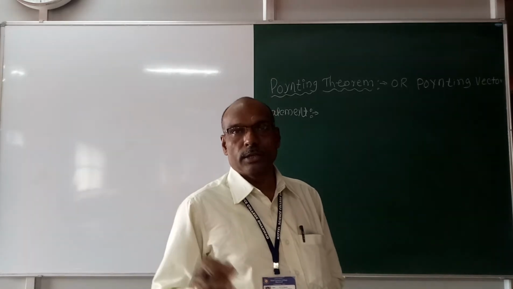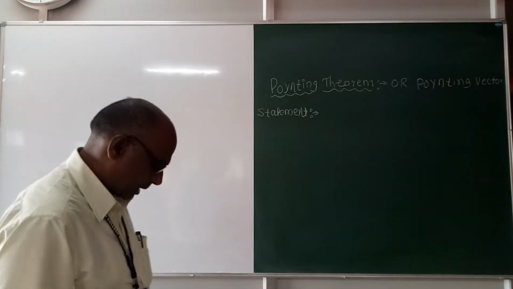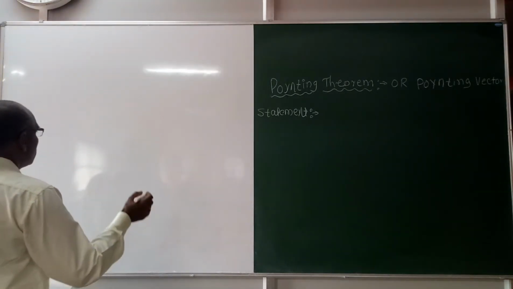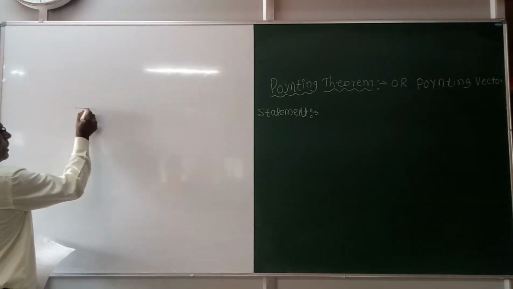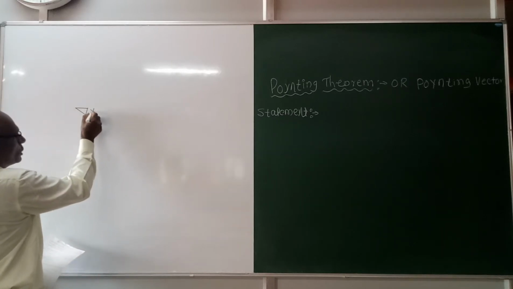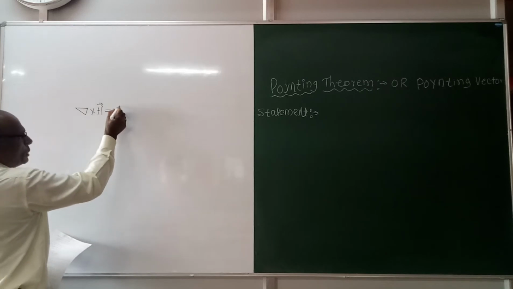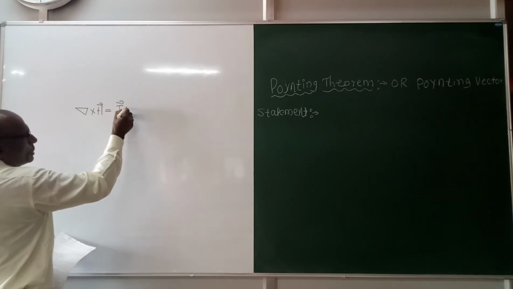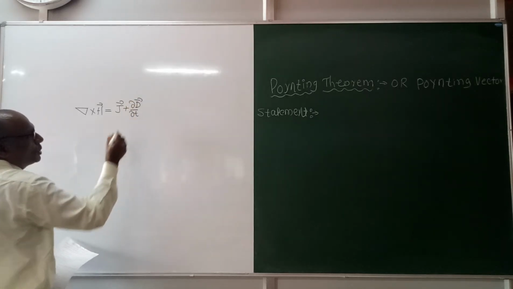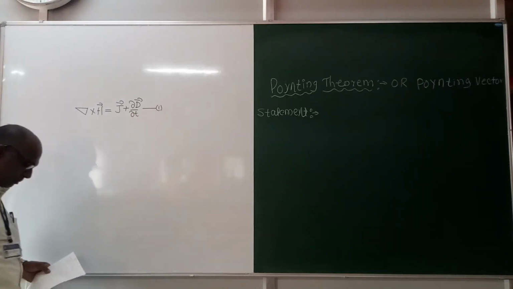There are other methods also available. We should use this as an application of Maxwell's equations. Let us consider equation number 4, del cross H is equal to J plus dou D by dou t. This is Maxwell's equation; I will write it as equation number 1.